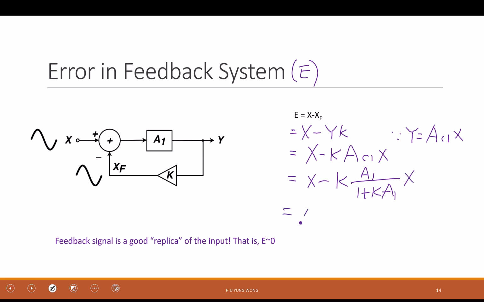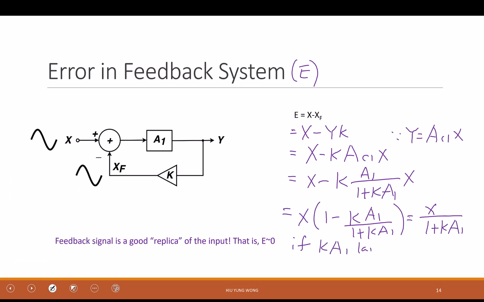I'm going to take out the X, and this becomes 1 minus KA1 divided by 1 plus KA1. I just factorize the X. And of course, this becomes X divided by 1 plus KA1. Now, if KA1 is large, this is something called loop gain, which we will study later, then what will happen to E?